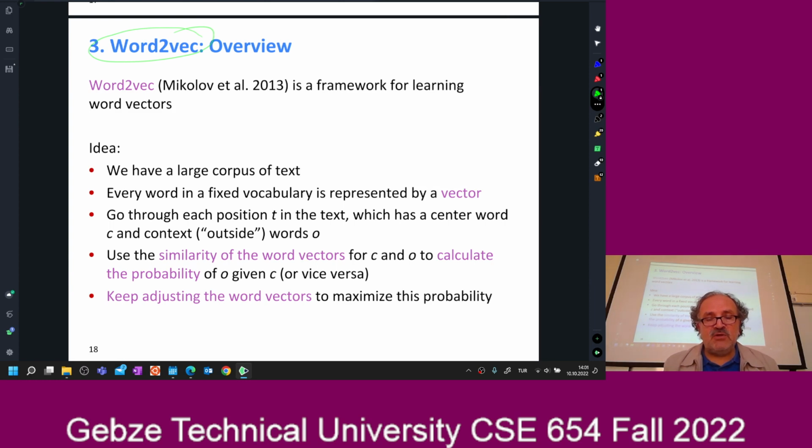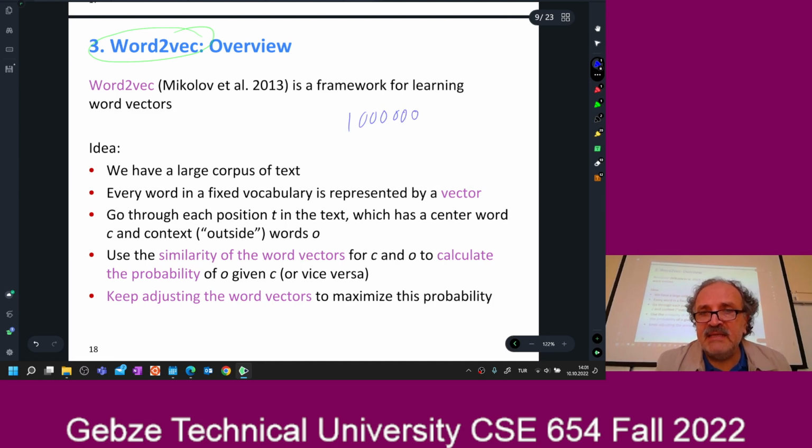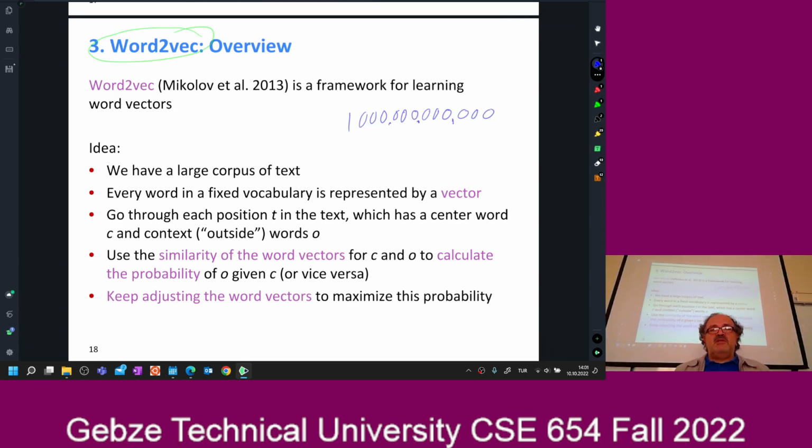How it works is this: at the beginning, it assigns a random vector for each word. Let's say I have 1 trillion words in Turkish Wikipedia.